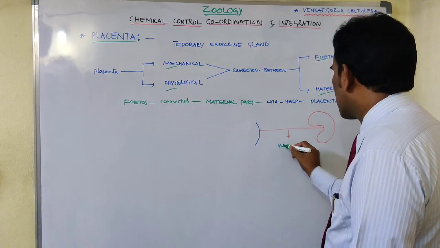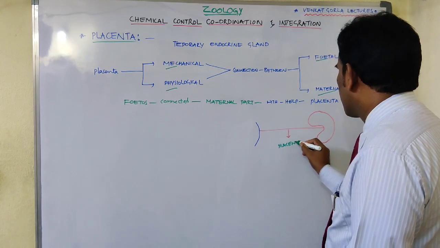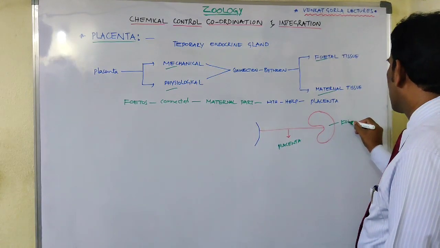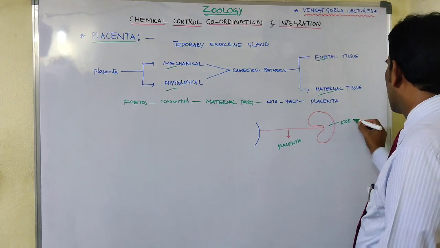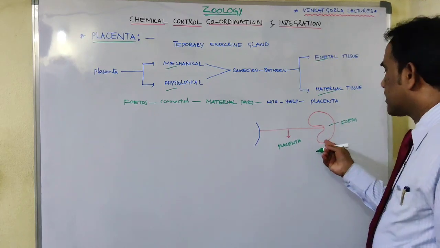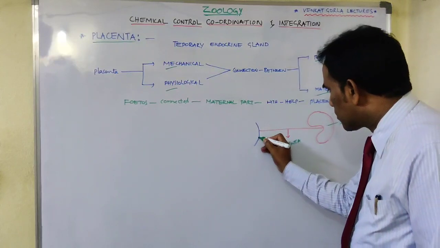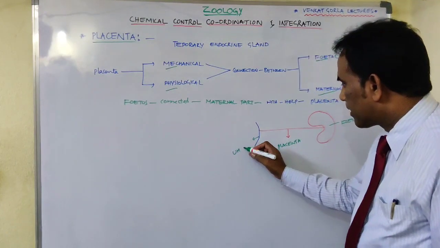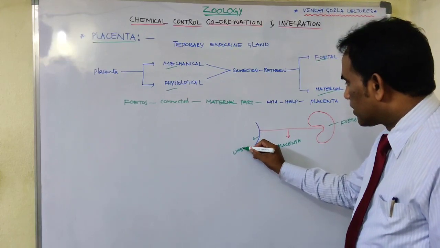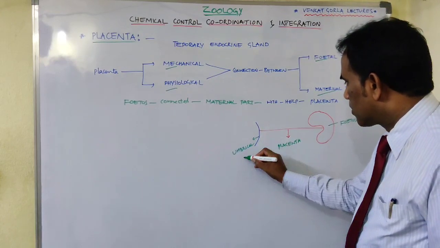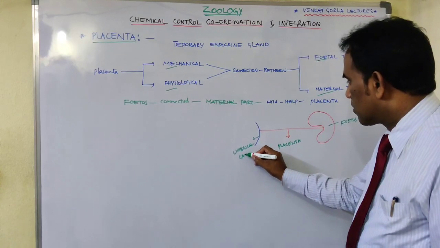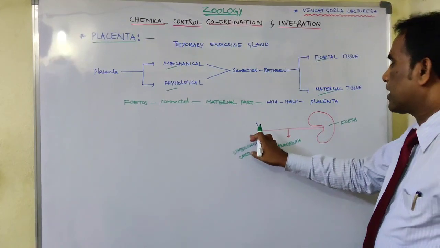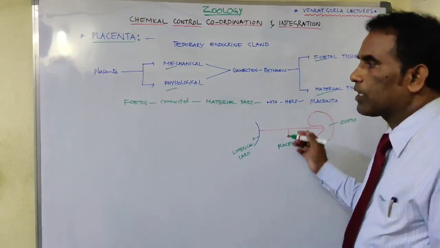This is fetus. This is umbilical cord, maternal part, endometrium. So fetus is connected to a maternal part through placenta, with the help of placenta.